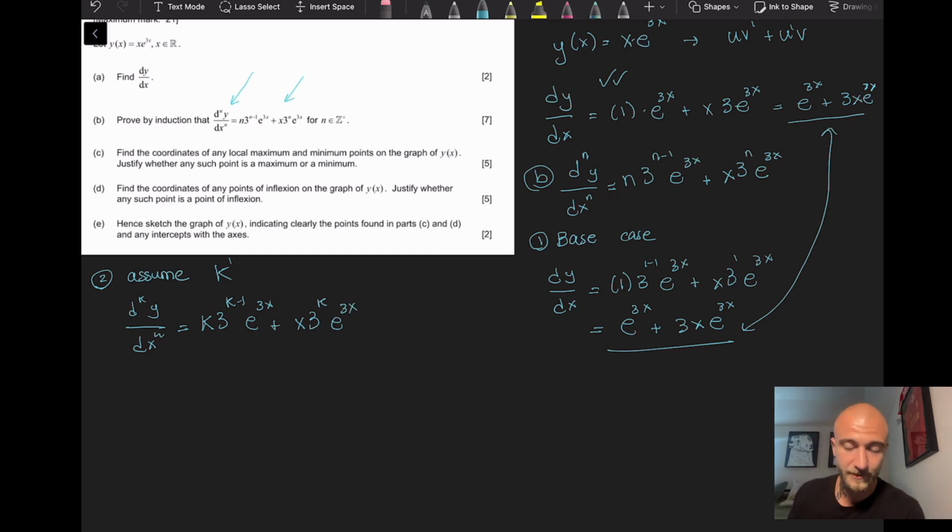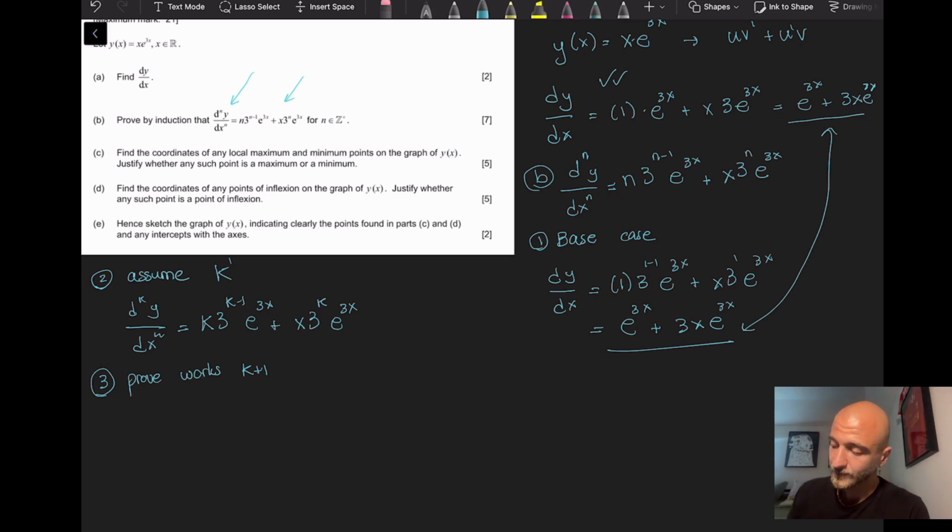So that's basically the entire step. Now, if we assume this is true, what we have to do is prove that this works for the k plus 1 case. This is always the hardest step, or the most important step in the proof by induction problem style.